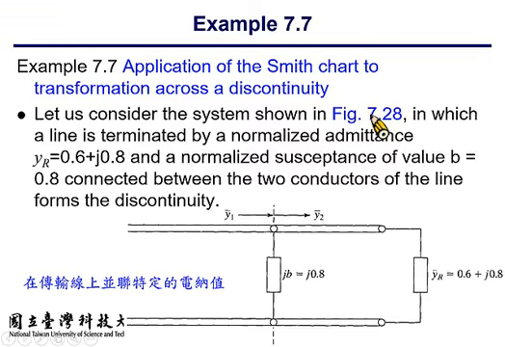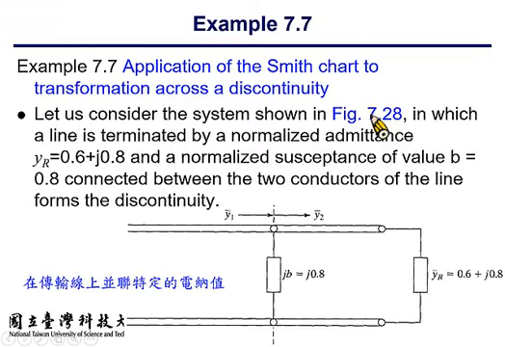With susceptance, with reactive components. That is, the impedance or the admittance is pure imaginary. Okay, so here the admittance is jB equals j times 0.8.